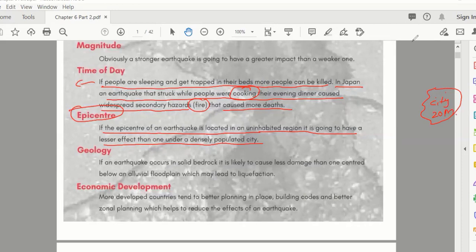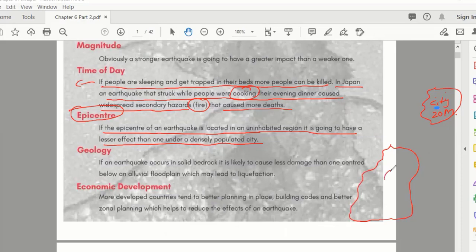If the earthquake center is somewhere here, for example, and then you have another place that is like a desert.